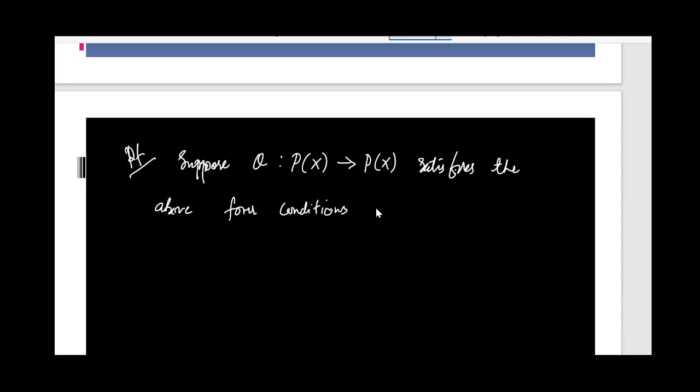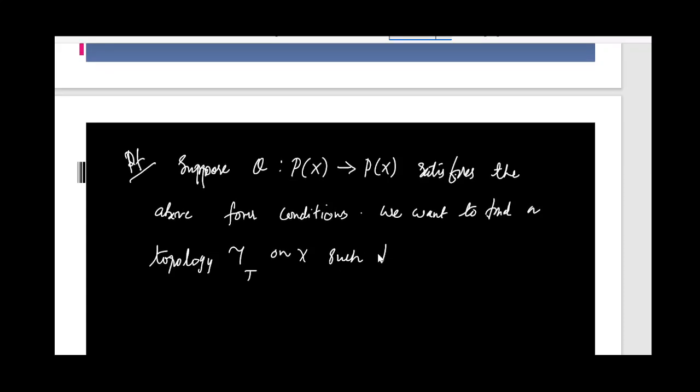We want to find a topology, I'm representing it as T, on X such that for every A contained in X, my theta of A is equal to A closure.